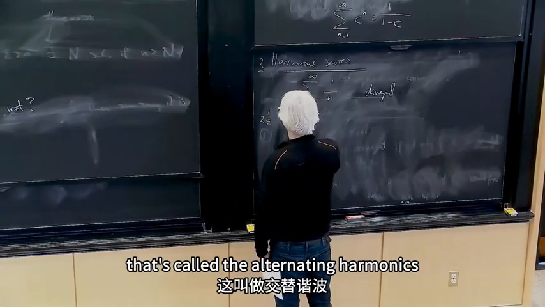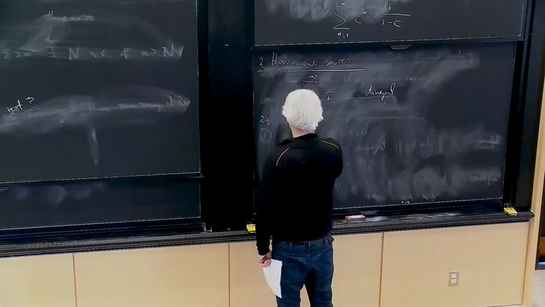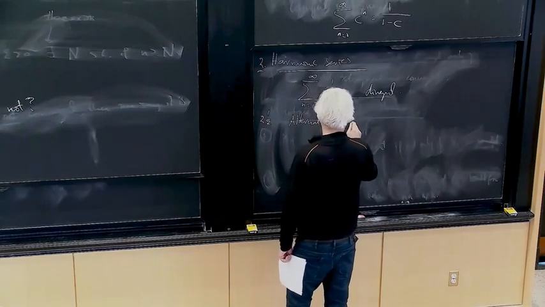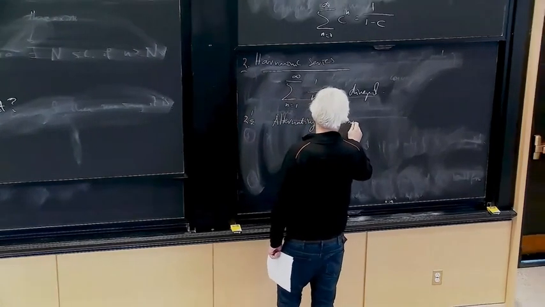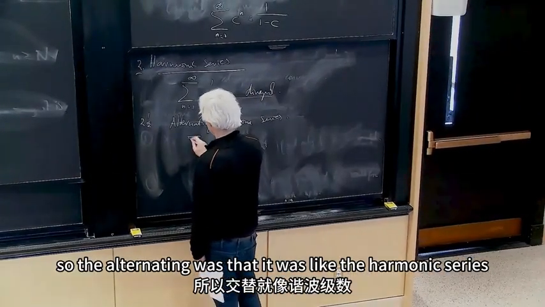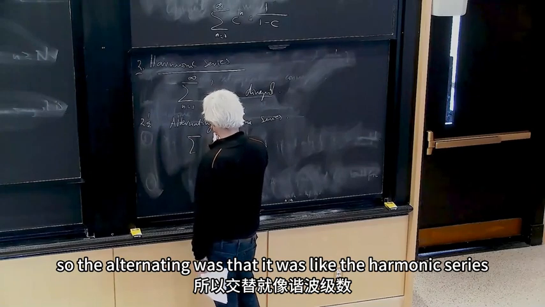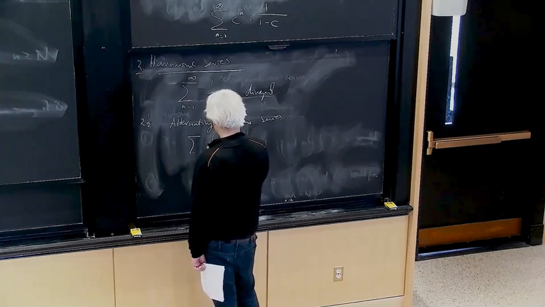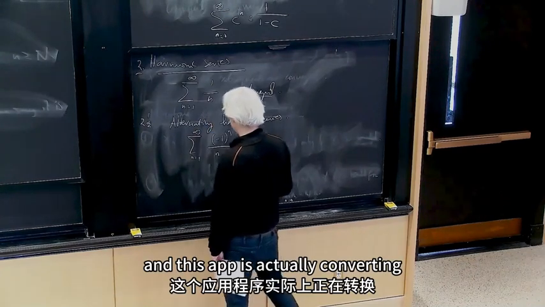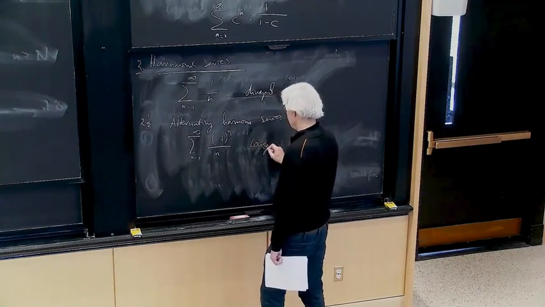That's called the alternating harmonic series. It was like the harmonic series, but the sign was alternating. And this here is actually convergent.